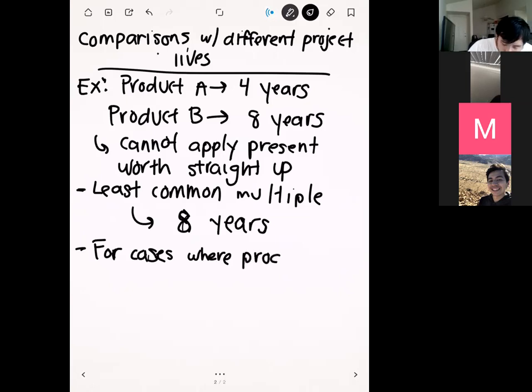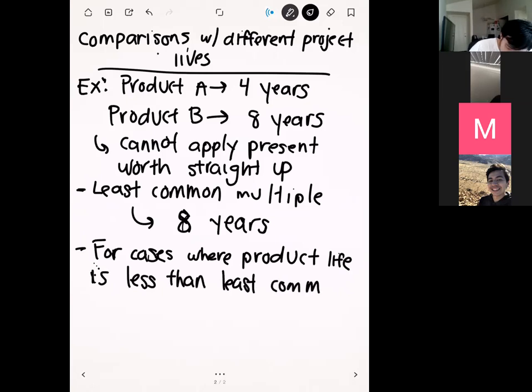For the cases where the product life is less than the least common multiple, what we do is, once product A has lived its life for 4 years, we assume that in year 4 we simply buy a replacement. So we just buy a new one.